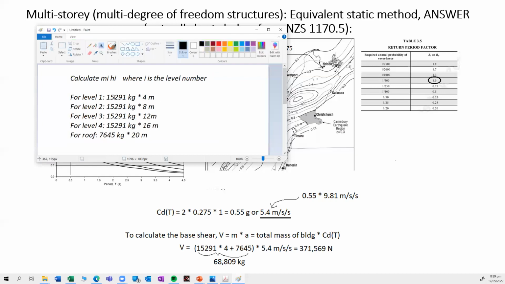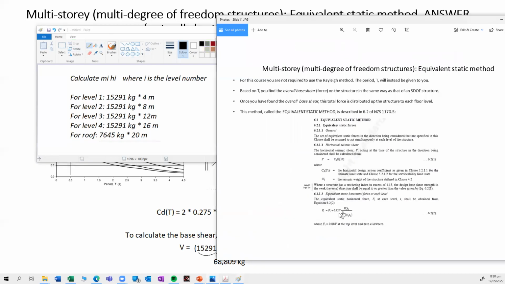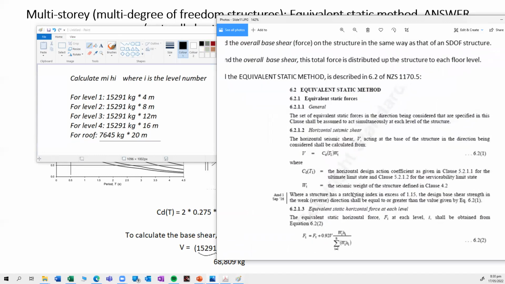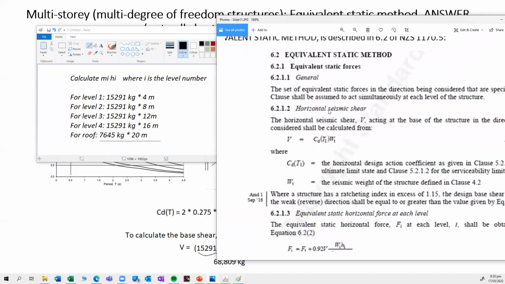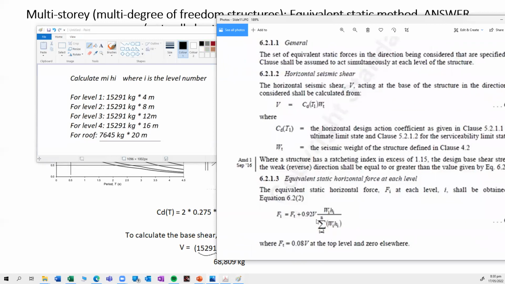Now this one here you can do very quickly. You just add up this multiplied by that, plus that. So I want the total. What I'm wanting here is this value, the summation sign.